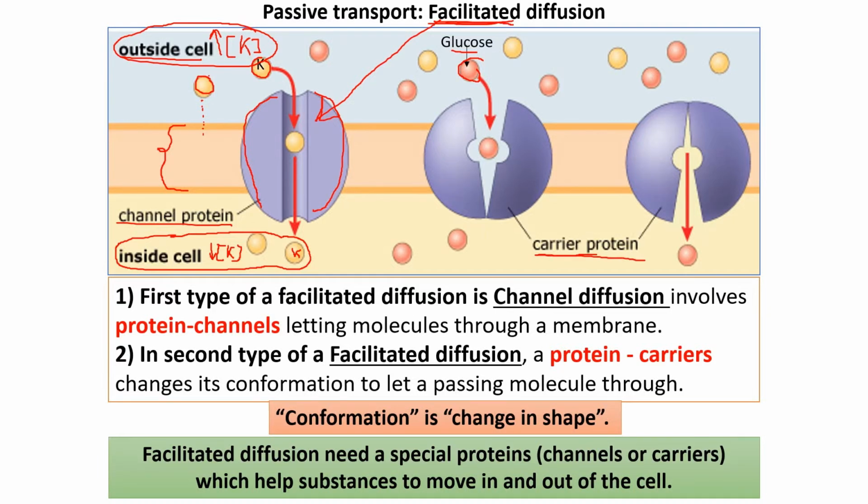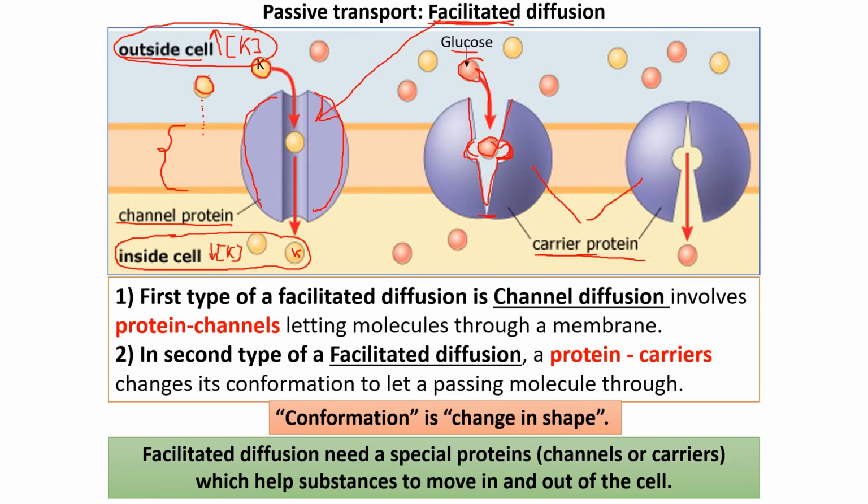like for glucose. As you can see in this case, this carrier protein is not always open. It's locked in here. So glucose first needs to move inside when the protein opens like this, and it will fit precisely in here. This shape is made only for the glucose molecule. Other molecules with a different shape will not be able to fit in here.